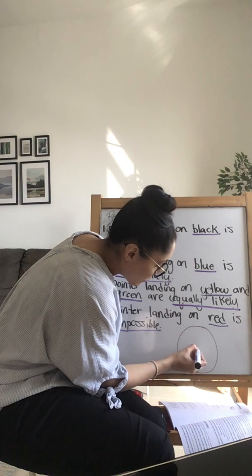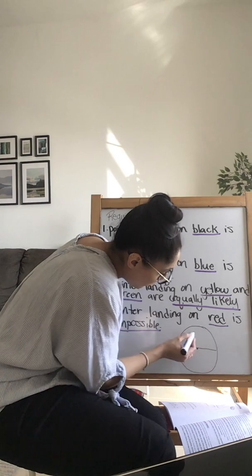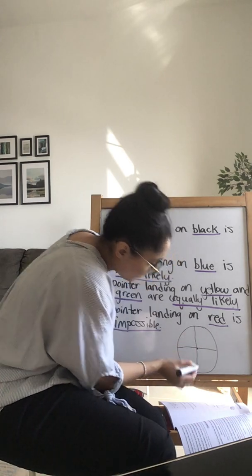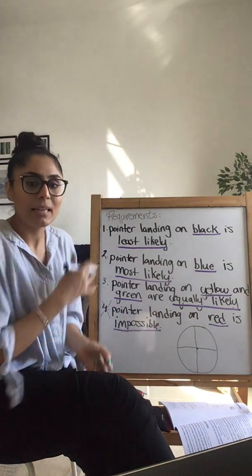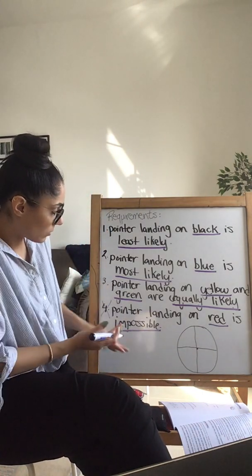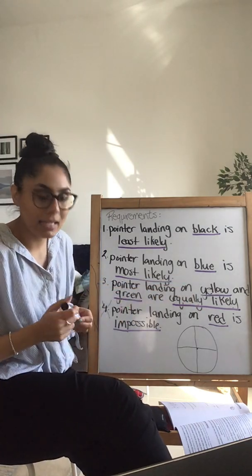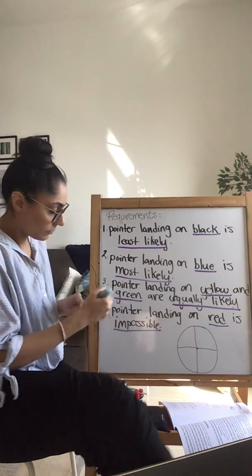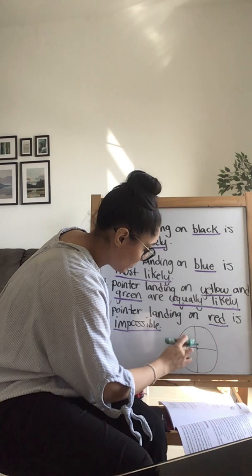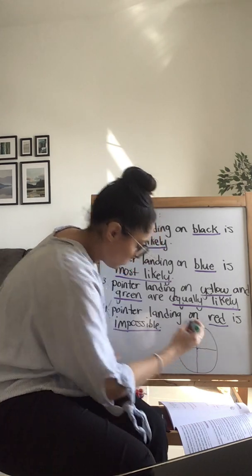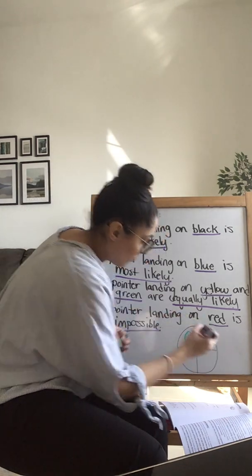So a good plan is always just to start with maybe 4. So this is obviously do this in pencil. A good plan, just to initially, and you can always change it, is to just start cutting into 4 equal sections. Okay, now let's work through number 3, because let's go our way up. Pointer landing on yellow and green are equally likely. So if I put green, green, and I'll put Y for yellow.